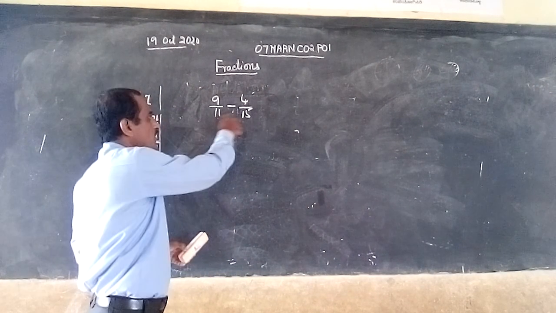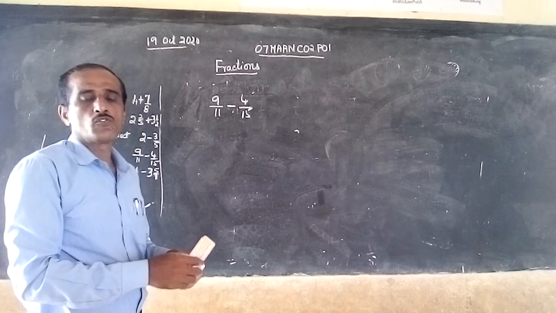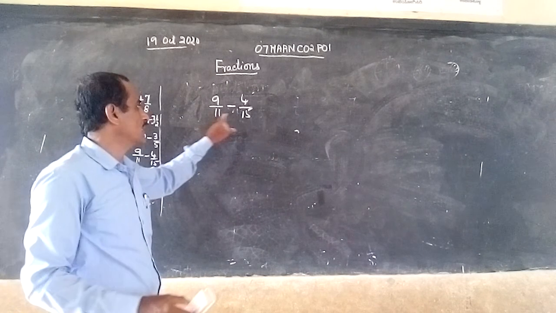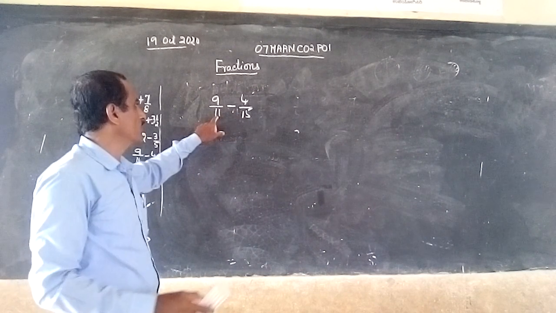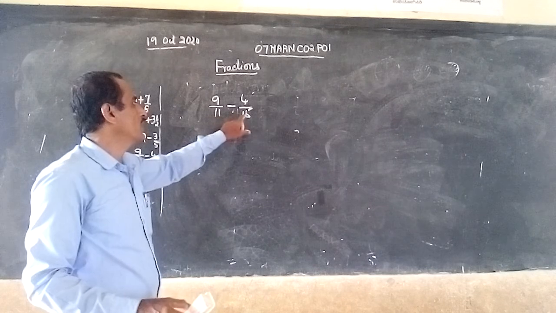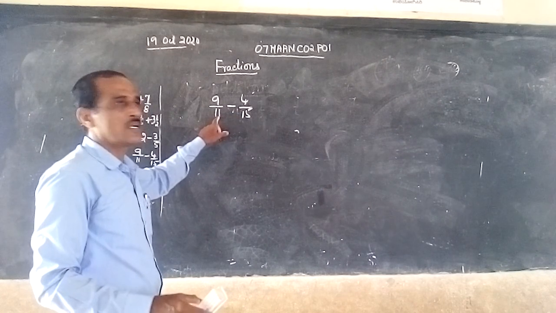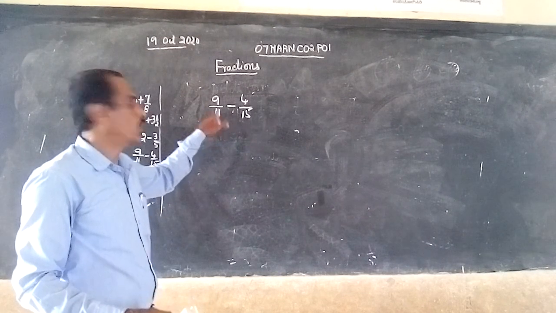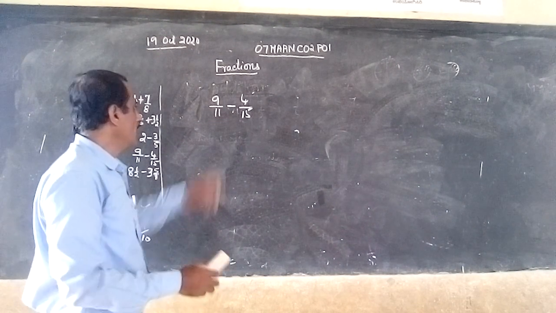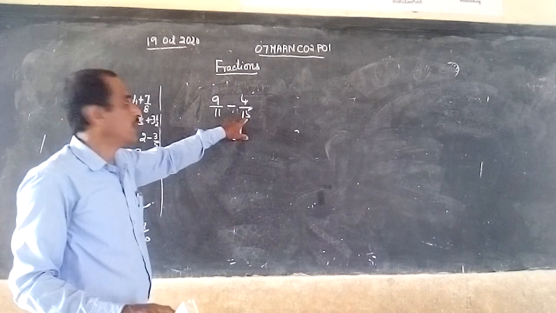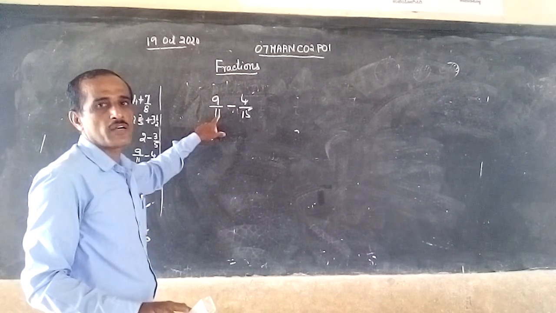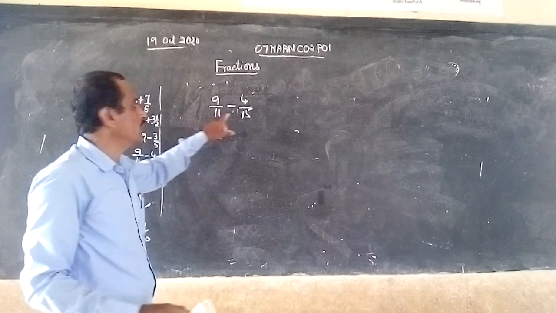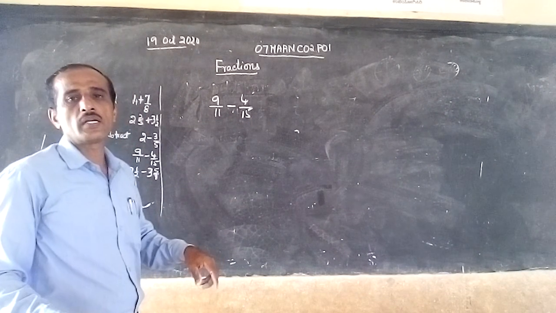What is the LCM of 11 and 15? 15 2s are 30, you can't divide 30; 15 3s are 45, there also you can't; 60, can't; then 75, 90, 105, 120, you can't divide any of them.